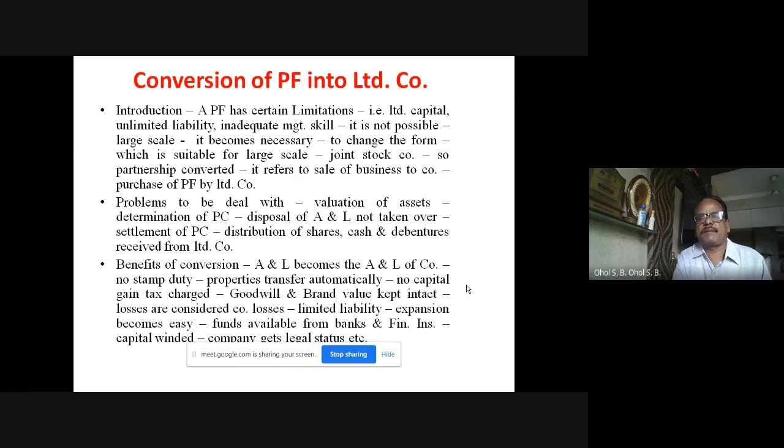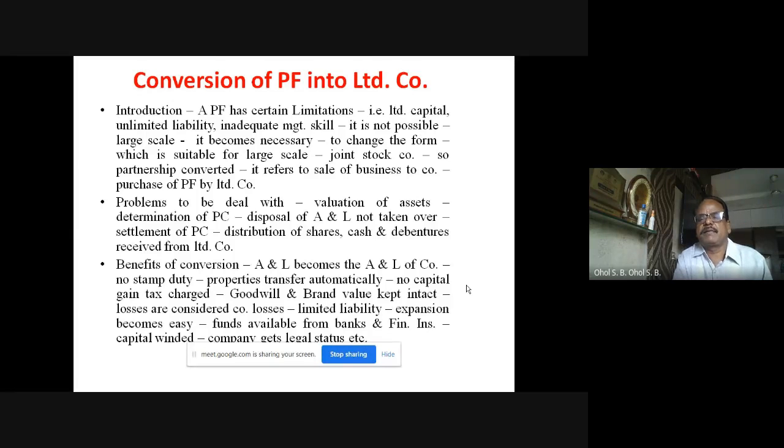Private company, public limited company, these are concepts which are different from each other. But for going to the public limited company, the partnership firm can be converted into a private limited company, that is known as a joint stock company. So when we consider that a partnership firm can be converted into a limited company, the conversion refers to sale of business to a company.